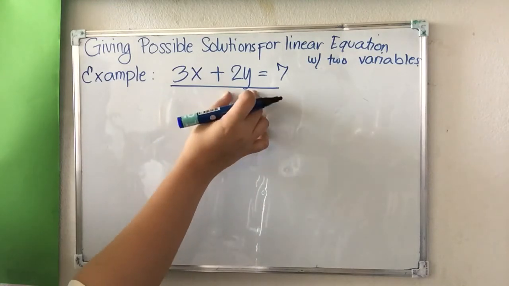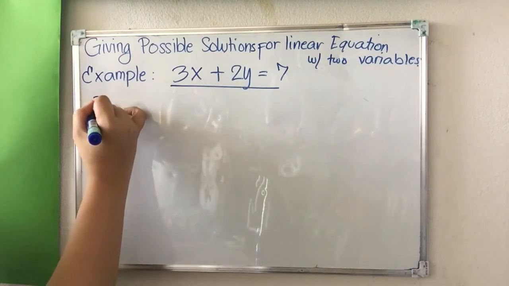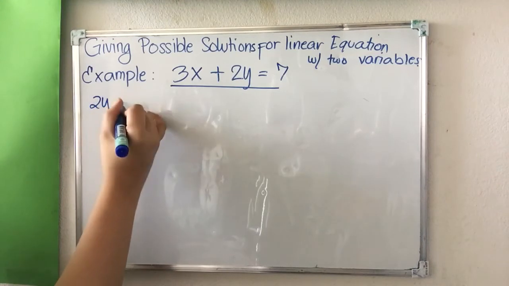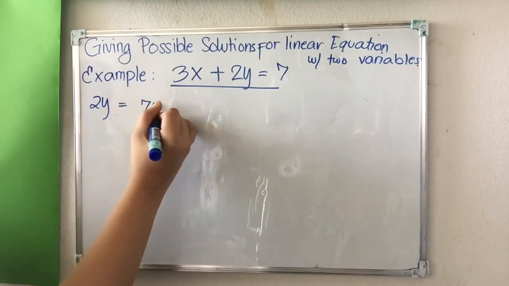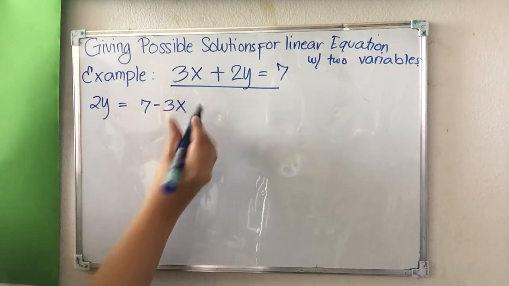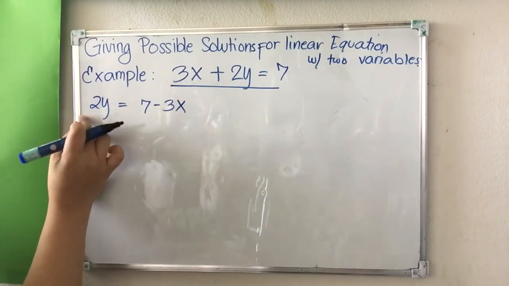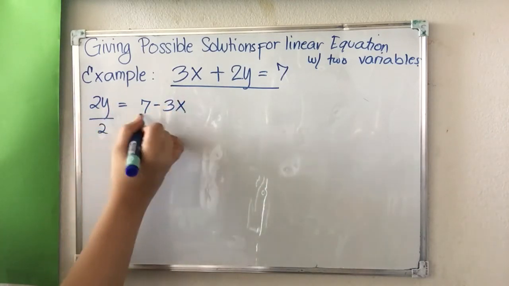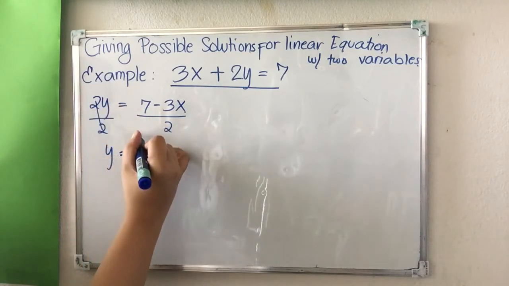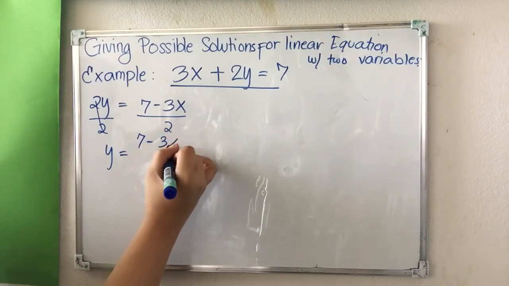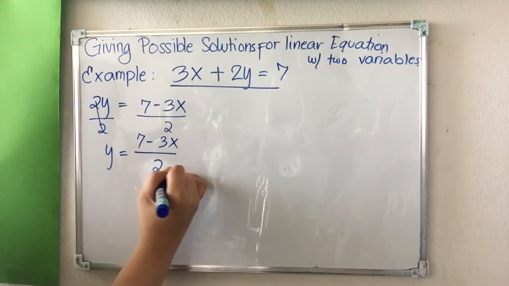We have here 2y that is equal to 7 minus 3x. Now let's divide by 2, so we have y is equal to 7 minus 3x over 2.